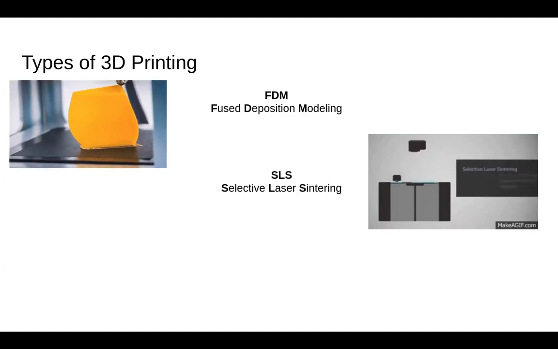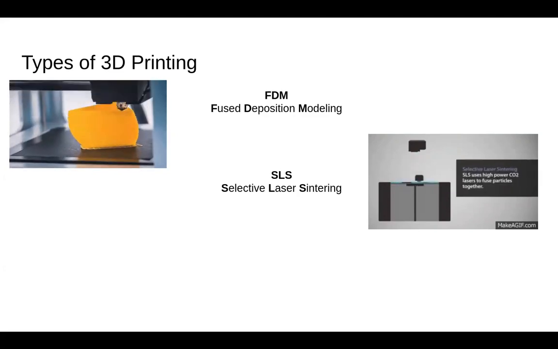In more industrial settings, you'll commonly see laser sintering. This is a cool process where you can think of what you're building out of like a ball pit, except it's tiny little grains, or a sandbox maybe, tiny little grains of plastic or metal with a binder.